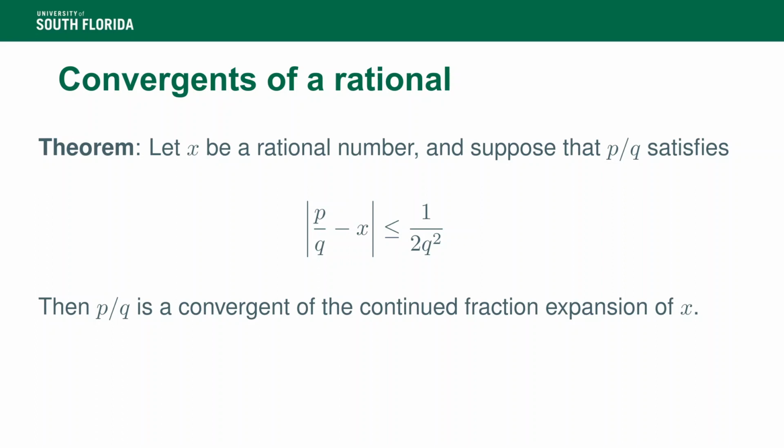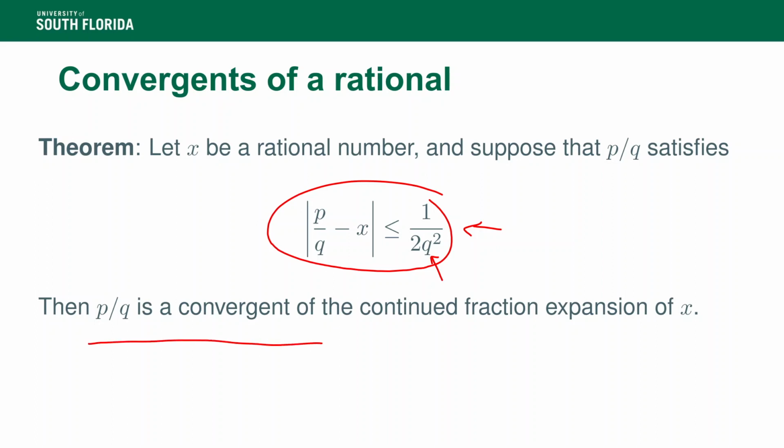Now, the very important part that will make Shor's algorithm give an answer is that if x is a rational number and p over q is another rational number that satisfies this inequality, so it's close enough in some sense to x with respect to a denominator q, then p over q is a convergent of the continued fraction expansion of x, which means that it will appear in the sequence of fractions that approximate x in the continued fraction expansion of x.